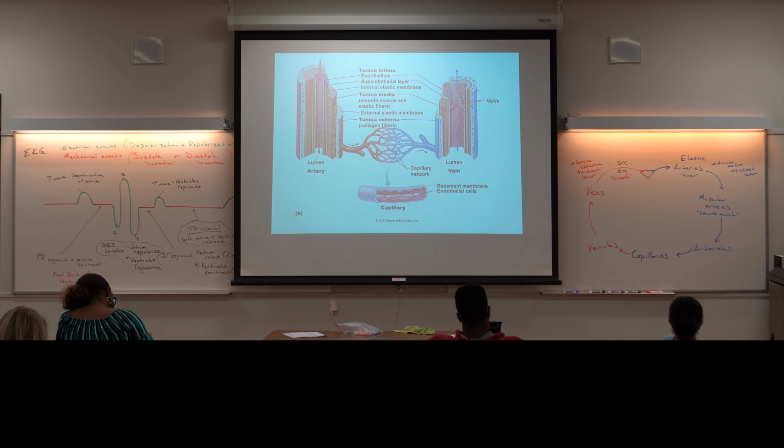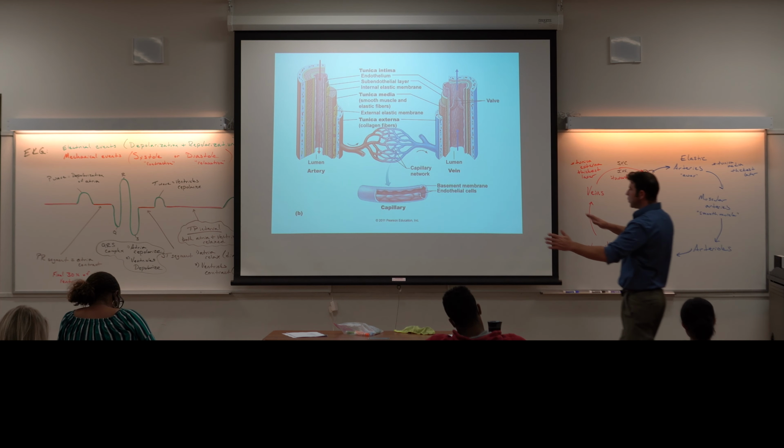You can see that somewhat if you look on the side of the slide. That vein has a much thicker tunica externa. That's one of the differences between the arteries and the veins.